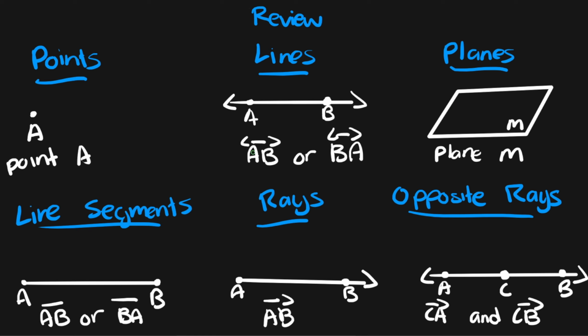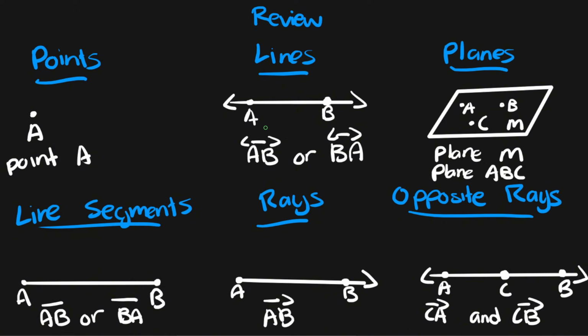And you could call this line AB or line BA. For planes, well, planes have two dimensions and they could be named with a letter, or I forgot to add this, with 3 points inside. So this could also be named plane ABC.